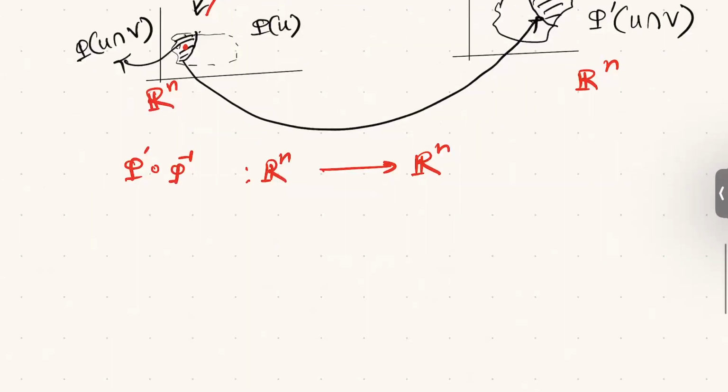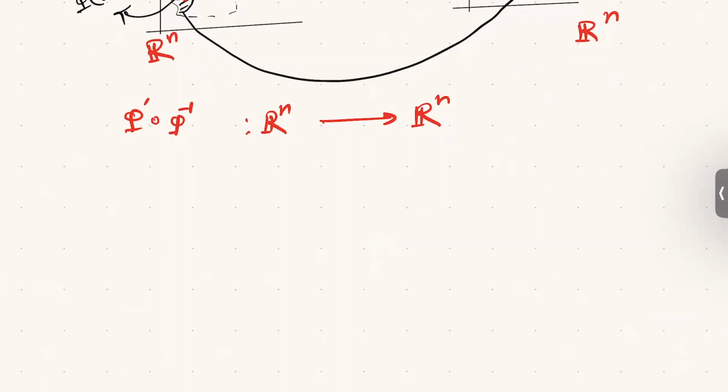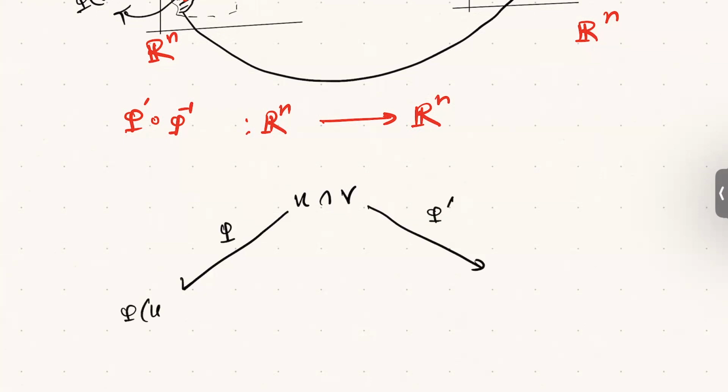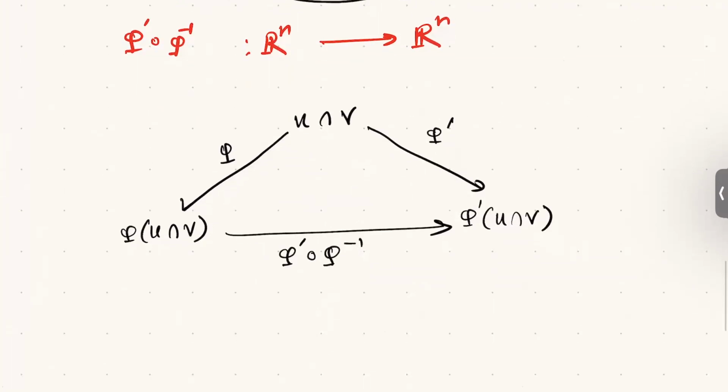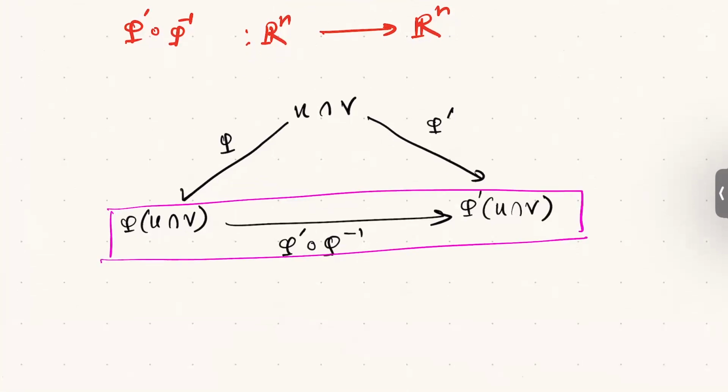Formally, I can write it like this: phi prime of phi inverse, from phi of U intersection V to phi prime of U intersection V. This map is called the chart transition.